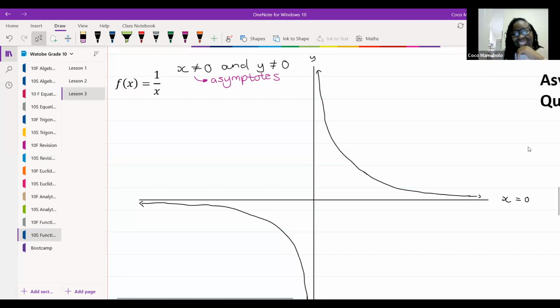The Cartesian plane is made out of 4 quadrants, right? 2 being negative and 2 being positive. Quadrant 1 is on the right hand side on the top. Let's label while I talk. Quadrant 1, I'm going to use Roman numerals.